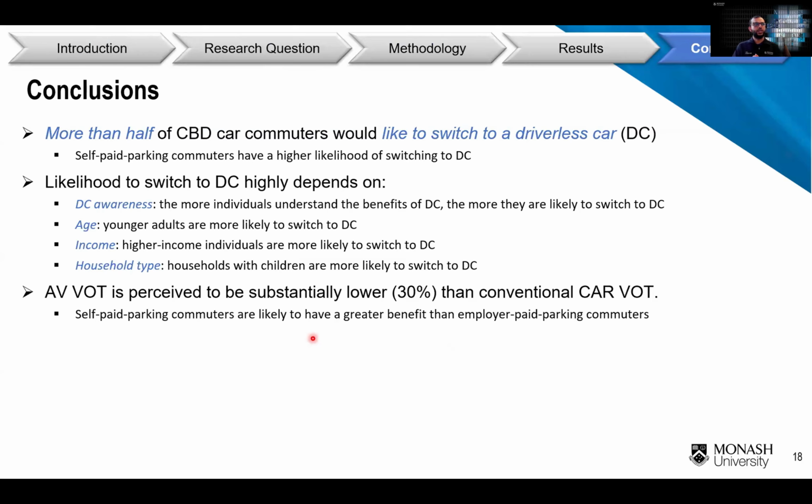Apart from these parking payment characteristics, this likelihood also depends on the level of autonomous vehicle or driverless car awareness, age, income, and household types. What we also found is that the AV VOT is substantially lower than the conventional car VOT, and the self-paid parking commuters would be the greater beneficiary group compared to the employer-paid parking commuters in terms of CBD commuting.